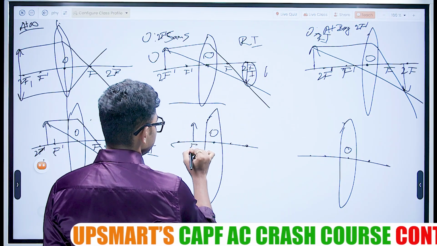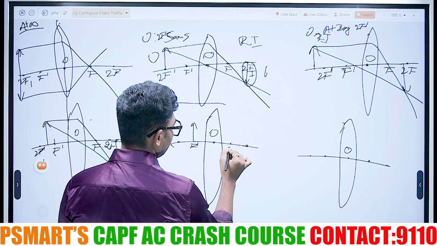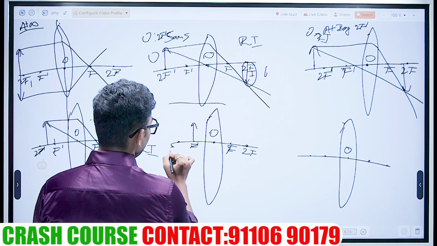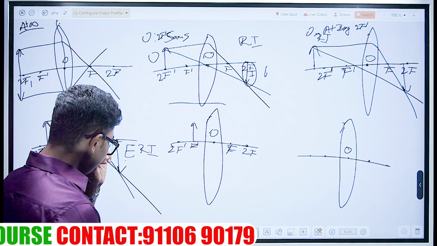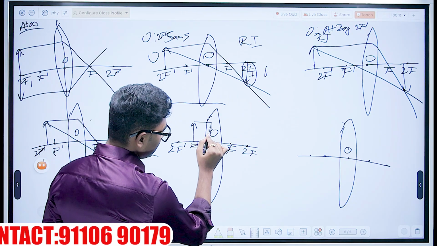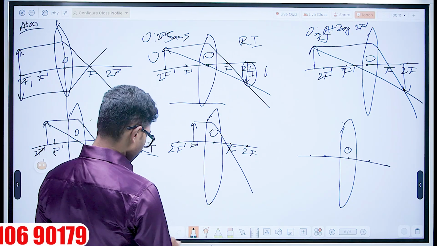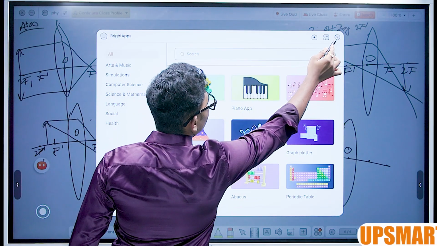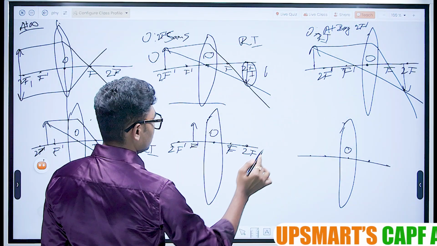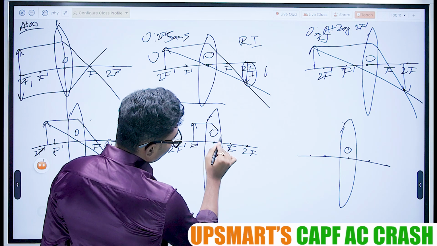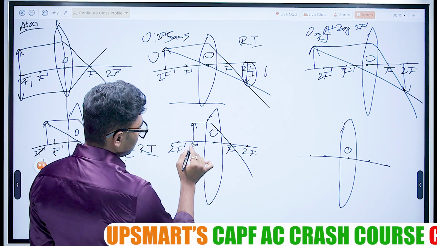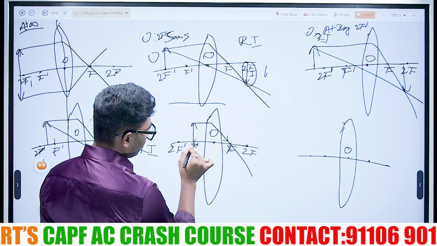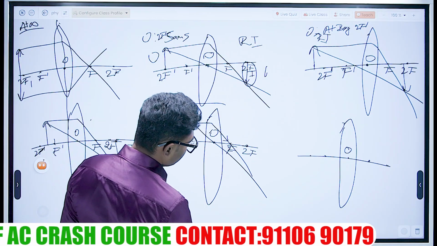Then this is F', this is F, this is 2F, and this is 2F'. One ray is passing through the lens and one ray through the focus. Next, the other ray is going through the optic center.